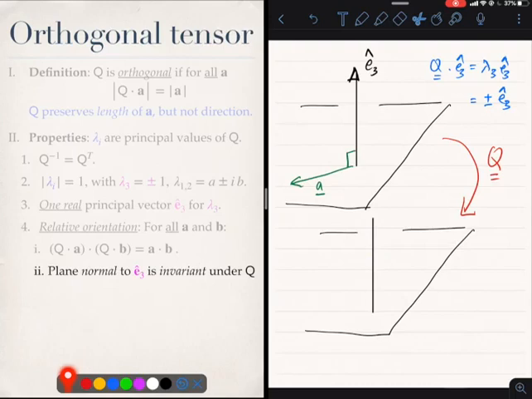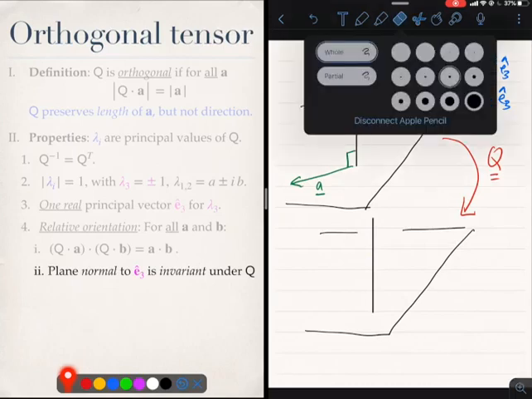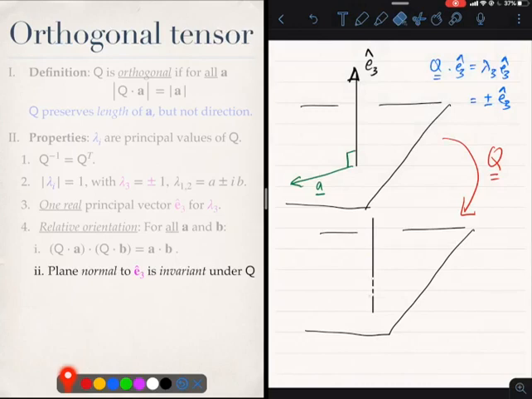Whatever it is, the output of Q will either be E3 or minus E3.